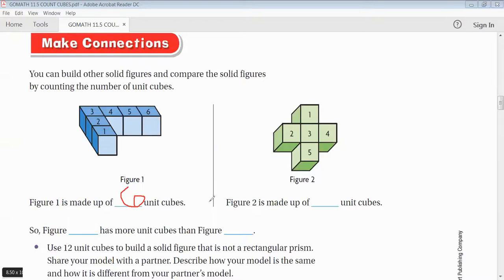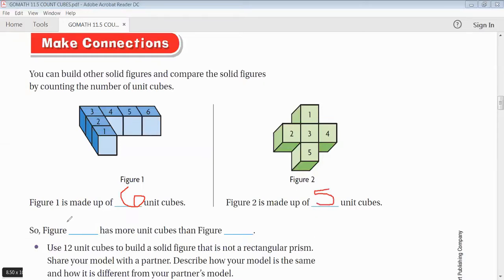Let's look at figure 2. We see 1 cube on top, then 1, 2, 3 cubes in the middle, and 1 cube at the bottom. So we have 1, 2, 3, 4, and 5 unit cubes.